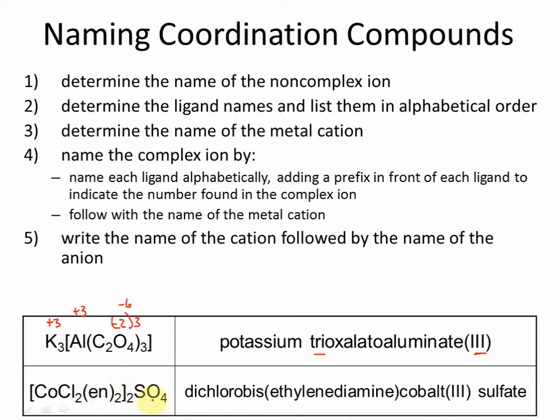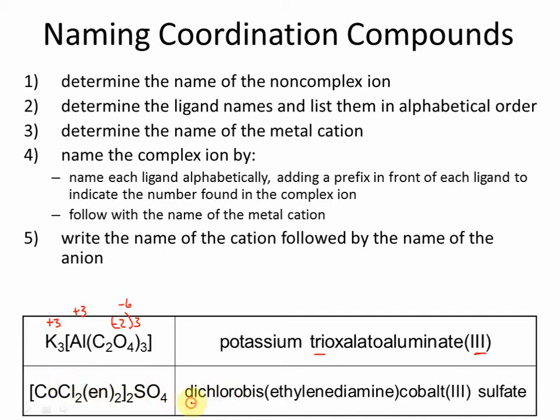So if I were to write the name of this, I have the chlorine and I have the ethylene diamine. Chlorine comes before ethylene, C comes before E in the alphabet, so the chlorine is listed first. And there are 2, so it's a di to indicate 2, so it's a dichloro.